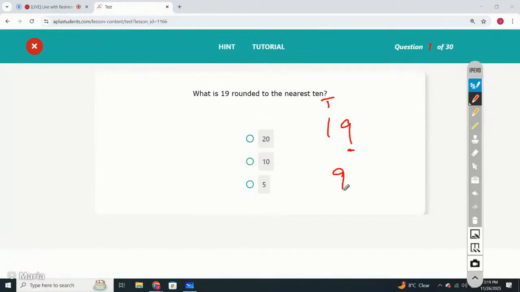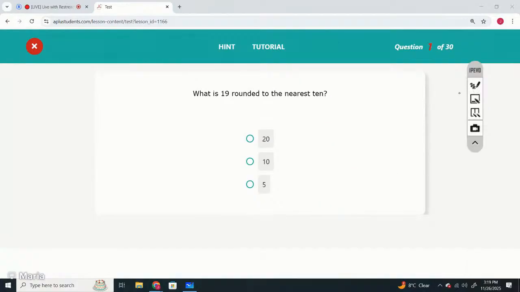Right next to 1 we have 9. We need to compare this 9 to 5. So 9 is greater than 5. We need to round up. Add 1 to the tens digit and replace the ones digit with 0. Very good. So it would be rounded to 20. Option number 1 is the correct option. 19 is rounded to 20.